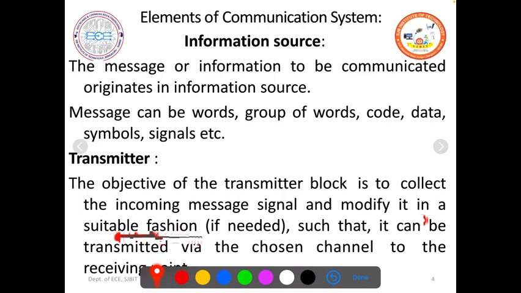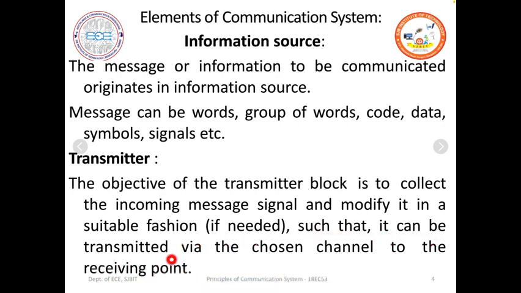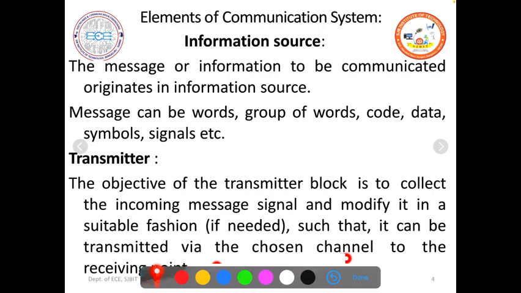Here it is given as 'if needed', but in the maximum percentage of cases modulation is done for the information, such that it can be transmitted via the chosen channel to the receiving point.